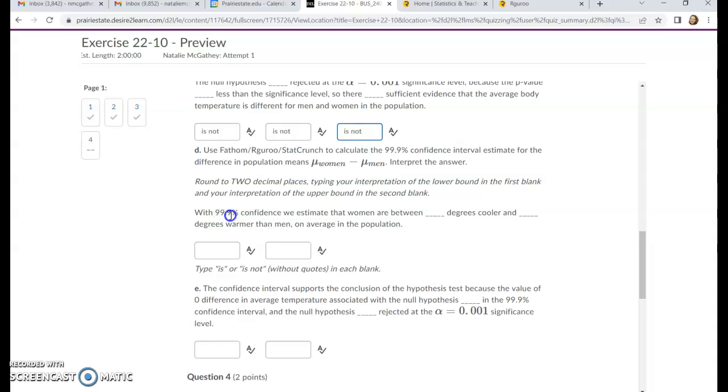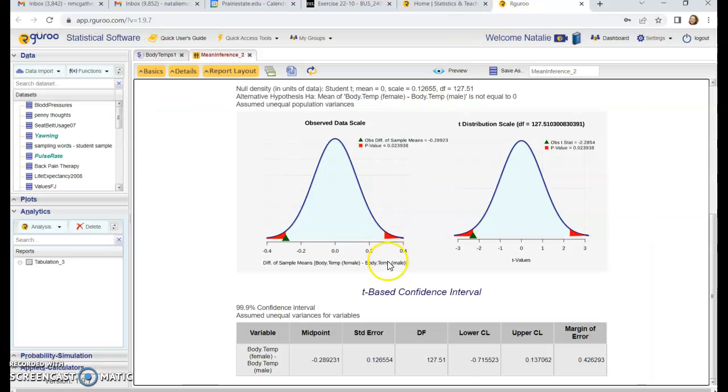With 99.9% confidence, we estimate that women are between blank degrees cooler and blank degrees warmer than men on average. Okay, so let's go back to our values. We did women minus men. So when the women's temperature was less or cooler, we get this negative value, because smaller number minus larger number.